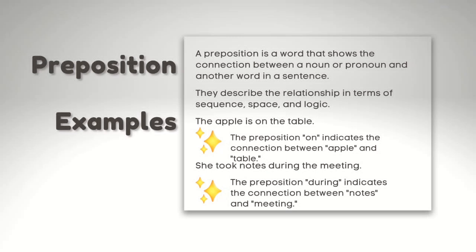The note was taken while the meeting was going on. So this is a preposition of time, telling us when the note was taken. The preposition during indicates the connection between notes and meeting. I hope you are getting it now.